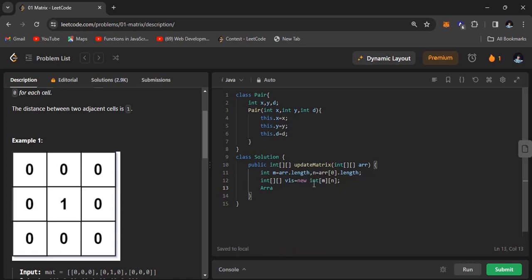If you check the visited array for a cell, to see whether it is already solved or not, you will get the default value 0, so there is confusion between solved and unsolved. So for that purpose, let's fill it with -1, indicating that this cell is not solved. Array dot fill, visited dot -1.